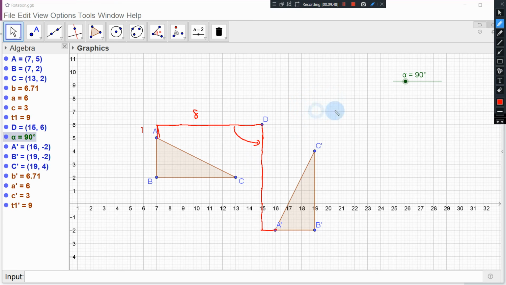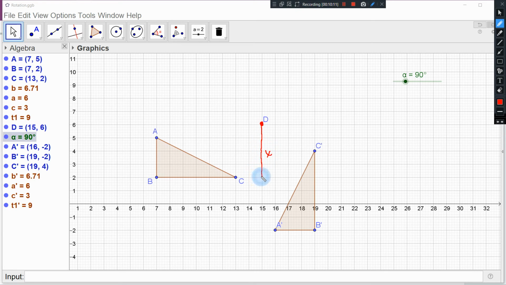Okay, let's try another one. How about point B? You can count this way, or you can count this way as well. Now let's try this way. Always remember, start from the center. 1, 2, 3, 4.